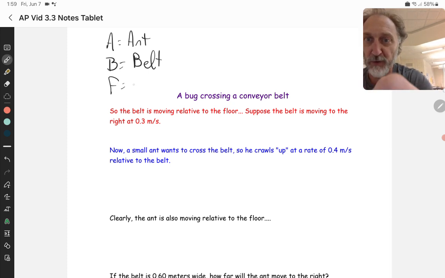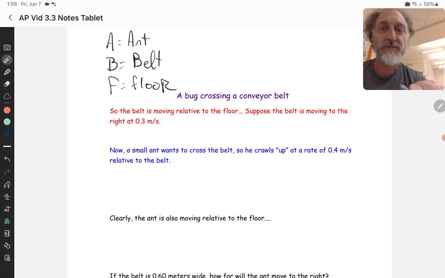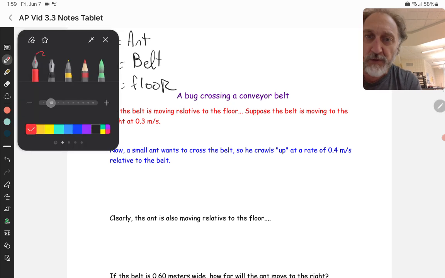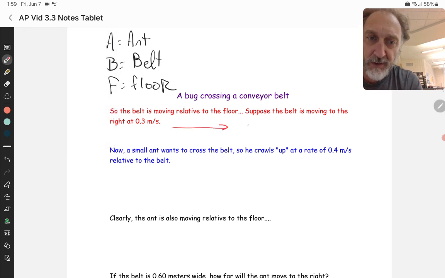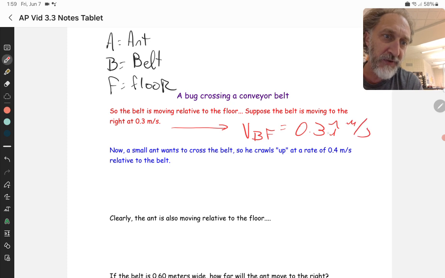You could use G for the ground, whatever. All right. So the belt is moving to the right at 3 meters a second. So the velocity of the belt relative to the floor is 3 i meters per second. Cool. All right. So that's that.